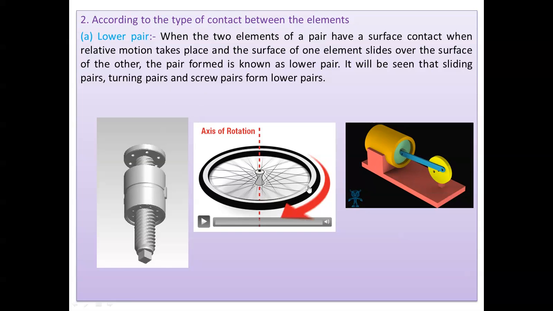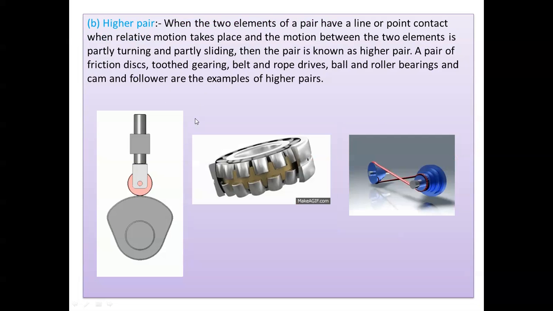Likewise, the next is higher pair. Now here you can say that when the two elements of a pair have a line or point contact, when relative motion takes place and the motion between the two elements is partly turning and partly sliding, then the pair is known as higher pair.